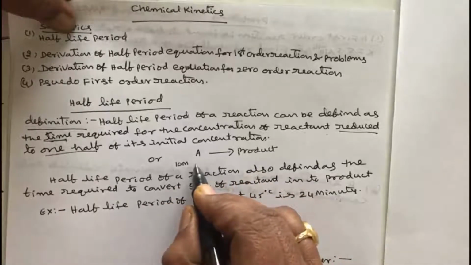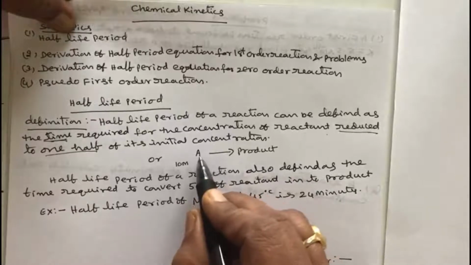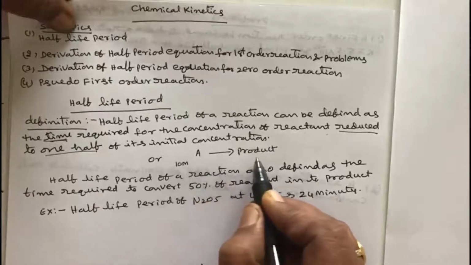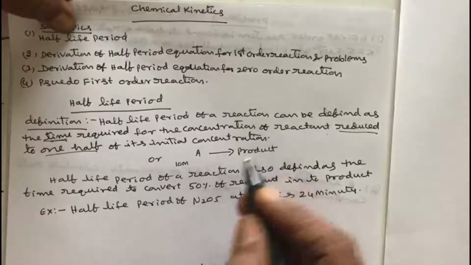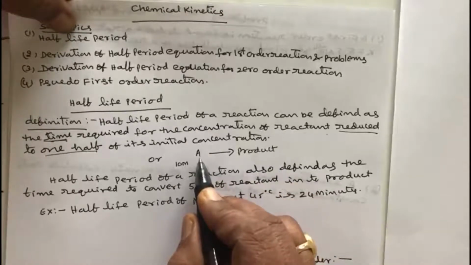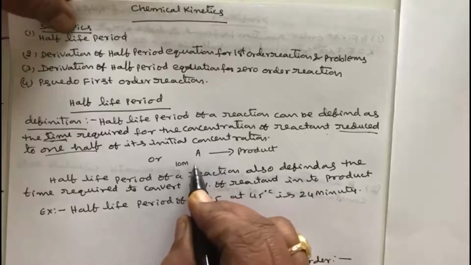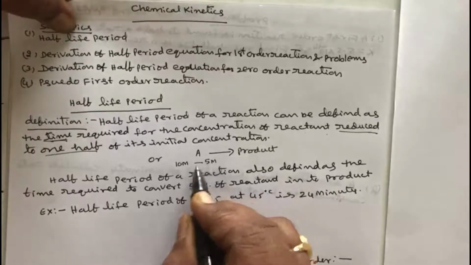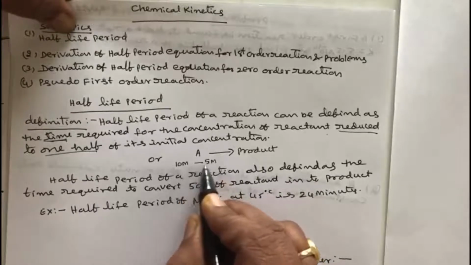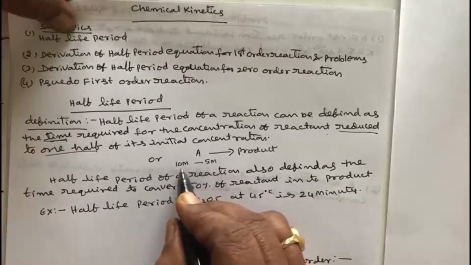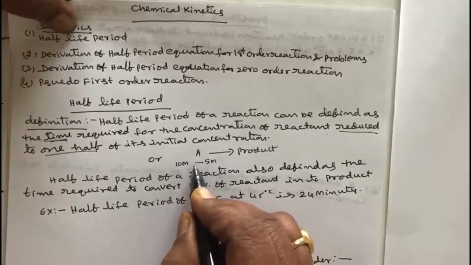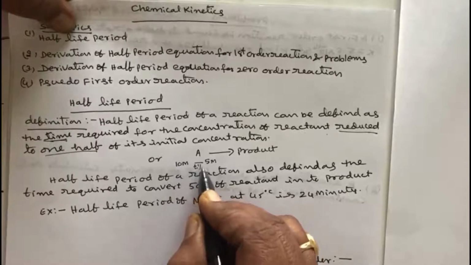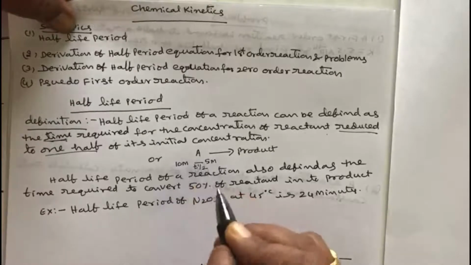As time goes on, the concentration of the reactant decreases and the concentration of the product increases. Now the concentration of the reactant A is reduced from 10 m to 5 m, that is half of its initial concentration. The time taken to reduce 10 m to 5 m is called the half-life of the reactant A.